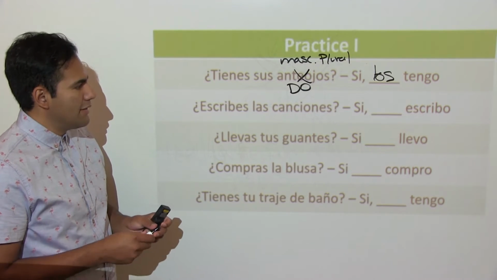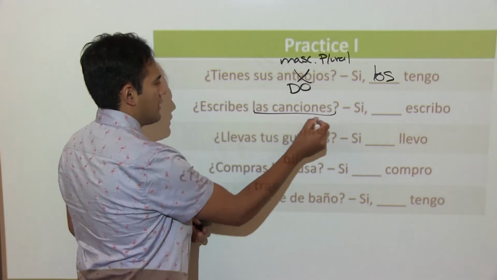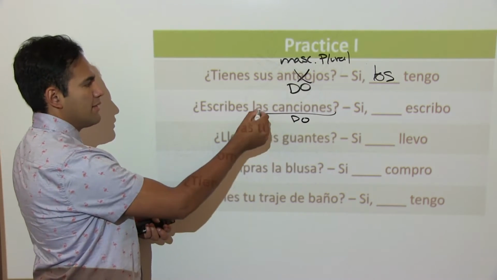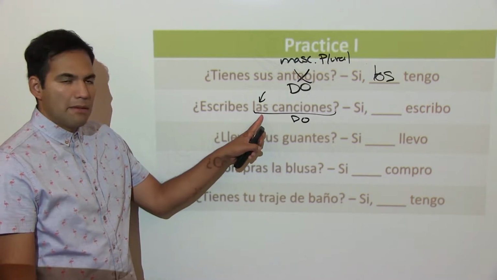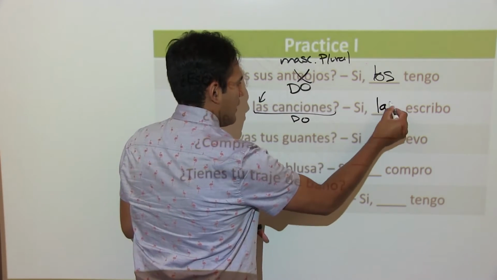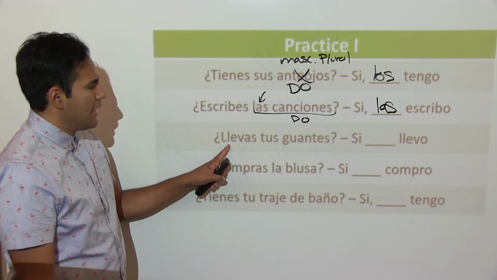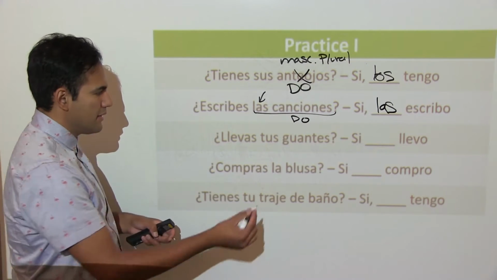Perfect. Let's do this together. On the second sentence, the direct object is las canciones. The article is giving it away. It's telling us that it's feminine, plural. So, sí, las escribo. The next one, ¿llevas tus guantes? Are you wearing your gloves?